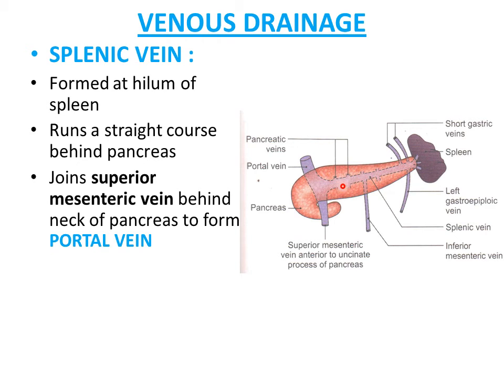Now the most important thing to understand over here: this splenic vein joins the superior mesenteric vein coming from here. This fusion occurs behind the neck of the pancreas, and it ultimately forms the very important portal vein.